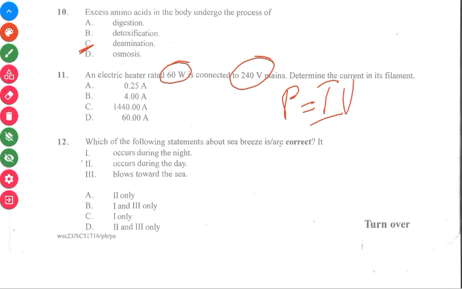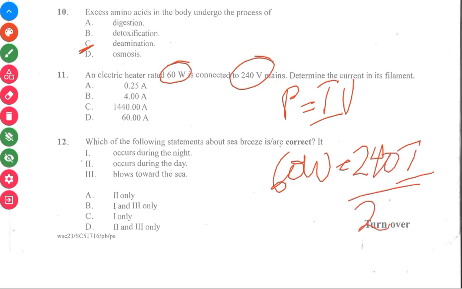And in this question, we are given the power, which is 60 watts, equals, if you are given the potential difference to be 240, I. Divide both sides by 240. So 60 divided by 240. We are getting 0.25. So question 11 is A, 0.25 ampere.